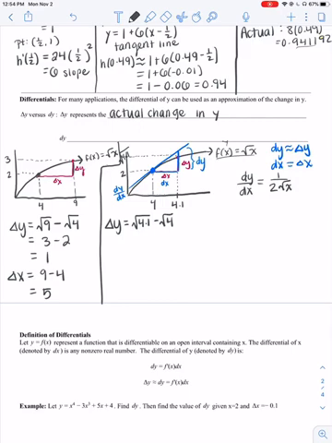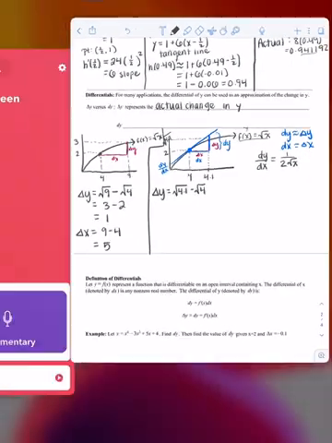And so we have this ratio. If you think about dy dx as the ratio of these sides of the triangle that we drew, if we only wanted dy, we're going to multiply both sides by dx.